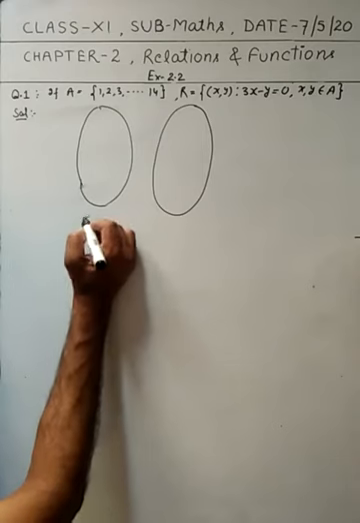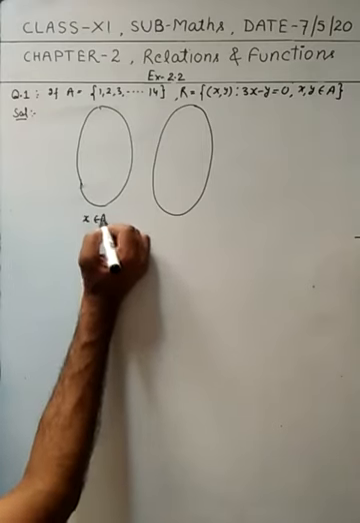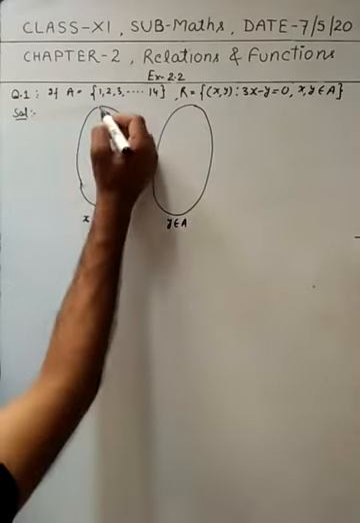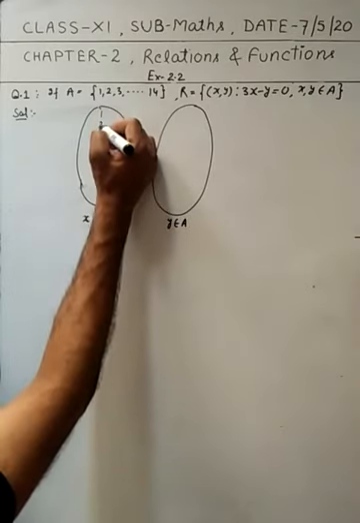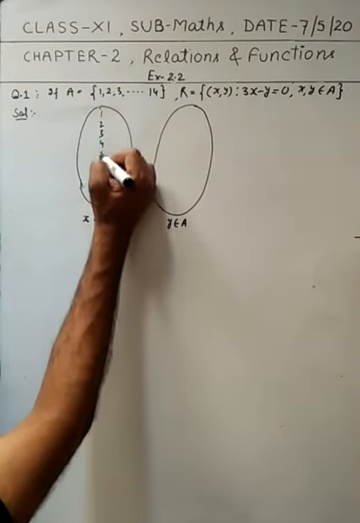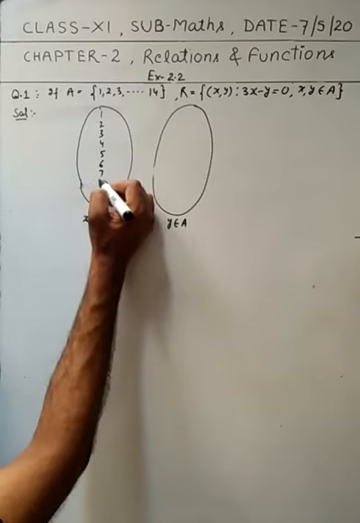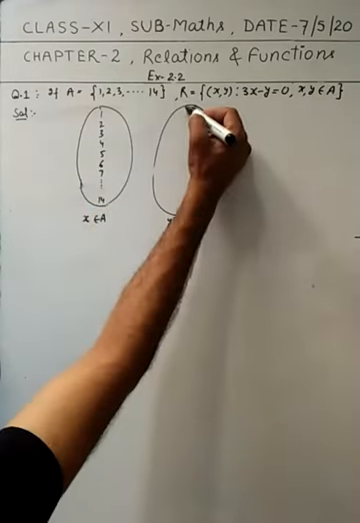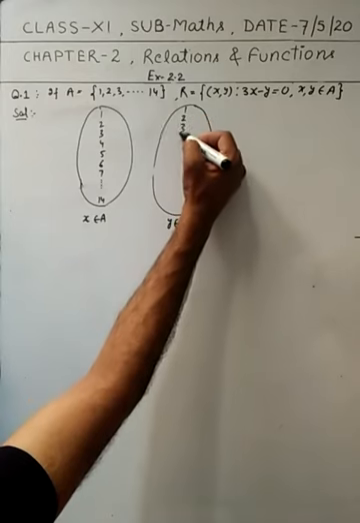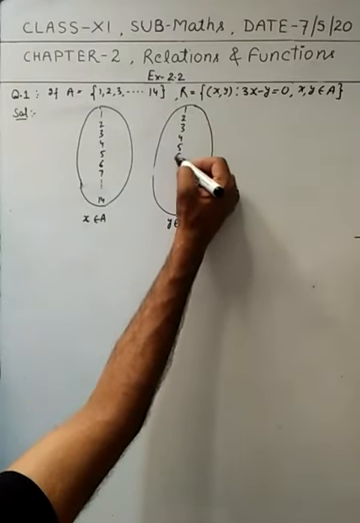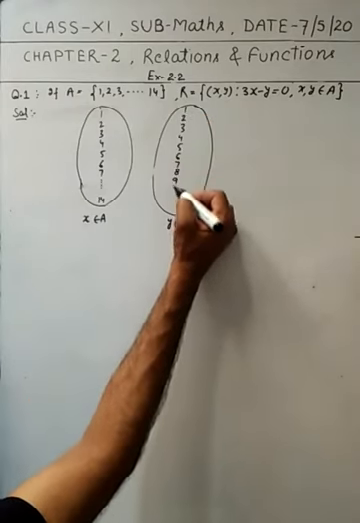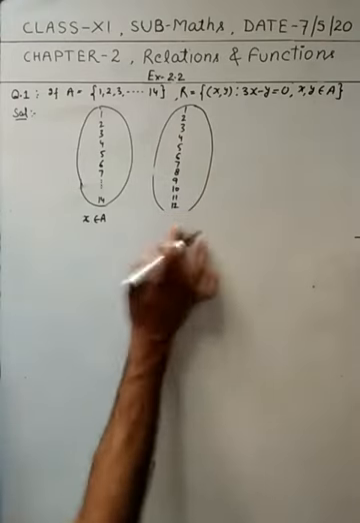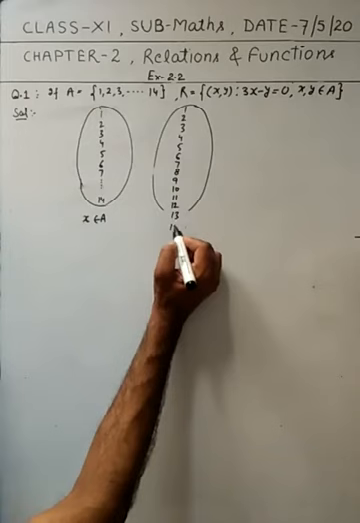Here x, which belongs to A, and here y belongs to A. Elements 1, 2, 3, 4, 5, 6, 7 and so on to 14. Again 1, 2, 3, 4, 5, 6, 7, 8, 9, 10, 11, 12, 13 and 14.